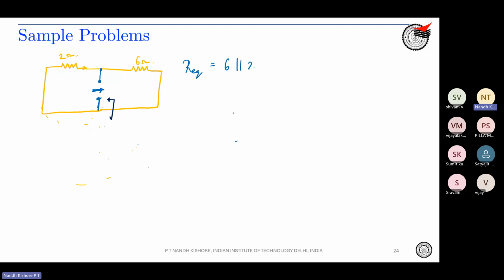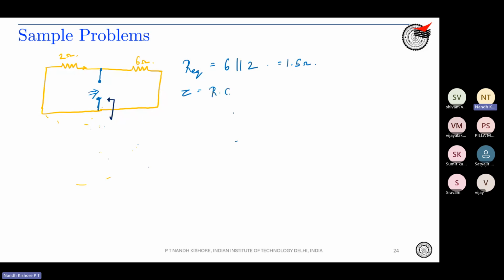So 6 and 2 in parallel is 1.5 ohm. The main thing is that 2 and 6 are in parallel. Please remember, don't just think that 2 and 6 are in series. If you see from here, they look like they are in series, but make sure you are looking from the right position, that is, from where the capacitor is. From here, 2 and 6 are in parallel, which is 1.5 ohm.